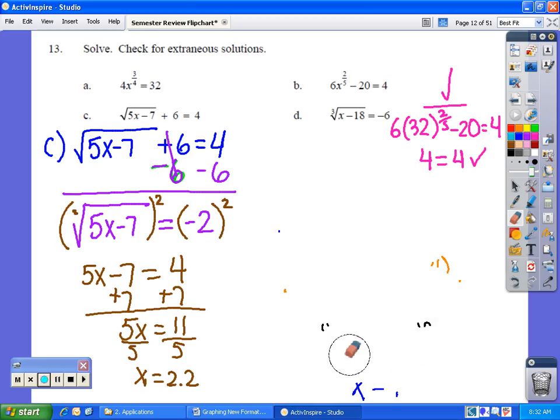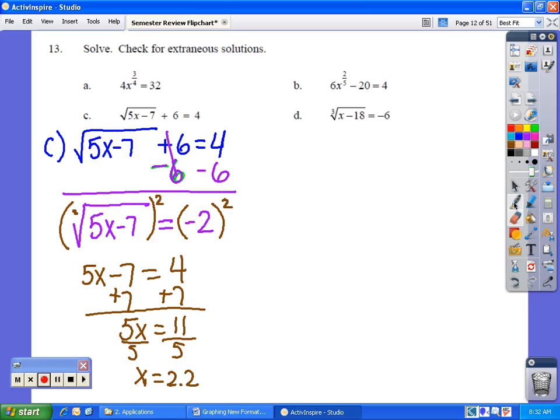Now, of course, we need to check this to make sure that it's right. So we take the square root of 5 times 2.2 minus 7 plus 6 should equal 4.